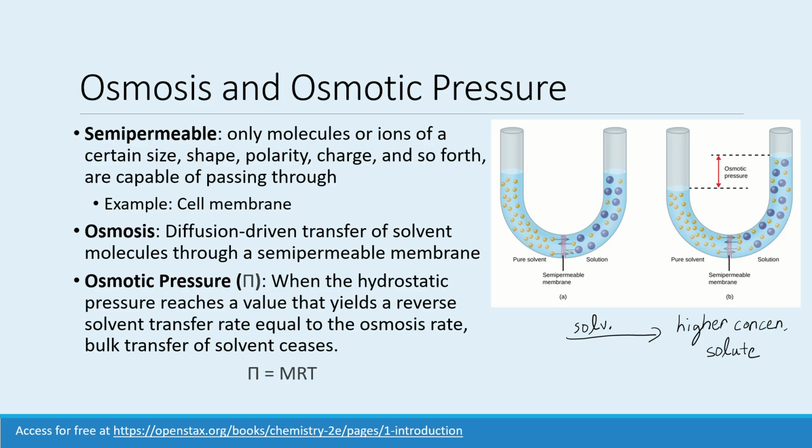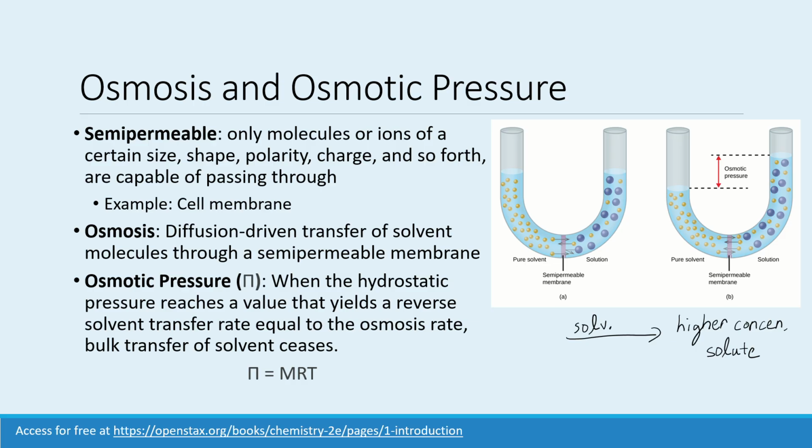And that's to try to create equilibrium where the concentrations are equivalent on both sides of that membrane. And osmotic pressure is when you reach that state of equilibrium between the hydrostatic pressure and the flow of your solvent. Basically, the solvent transfer rate is going to be equal to the osmosis rate, and so you don't have any bulk transfer of that solvent in either direction.